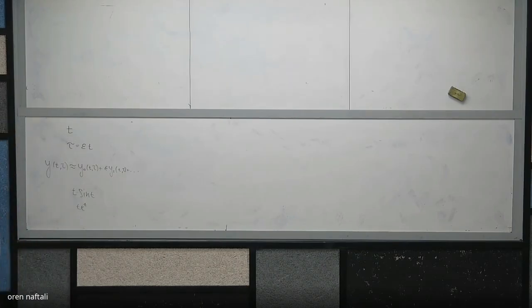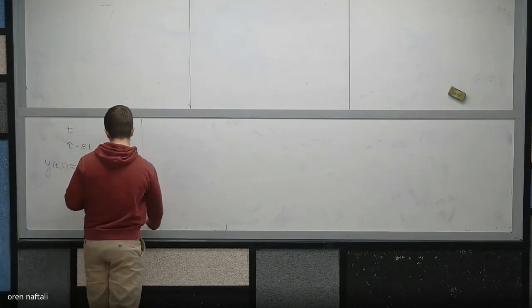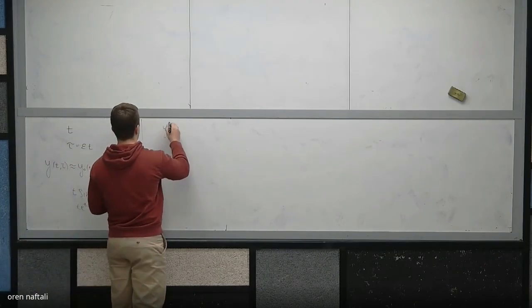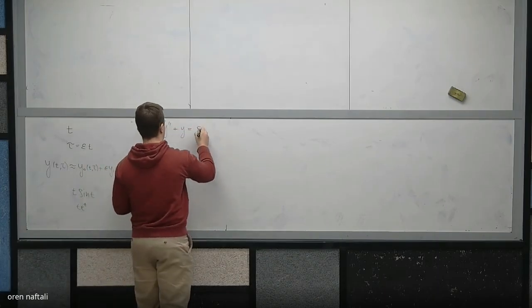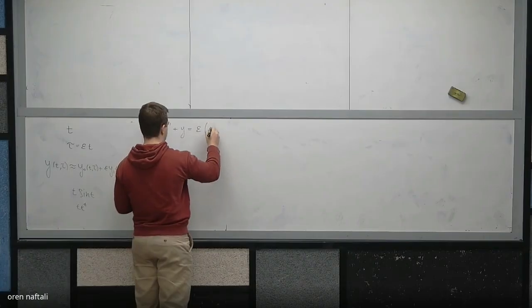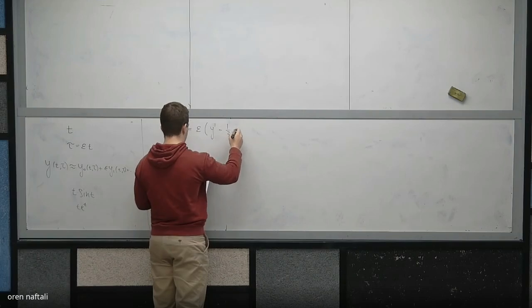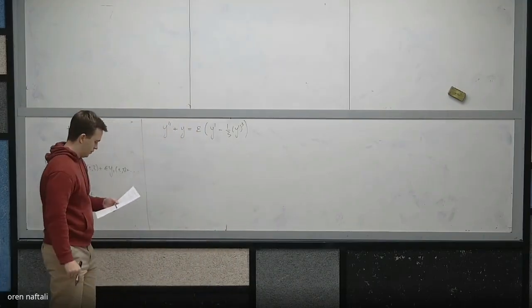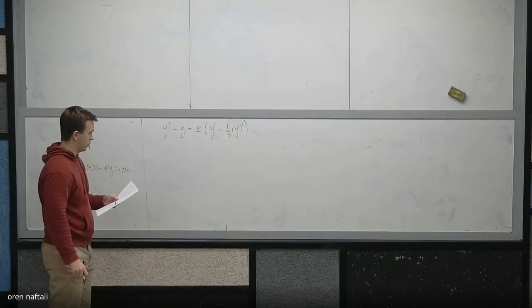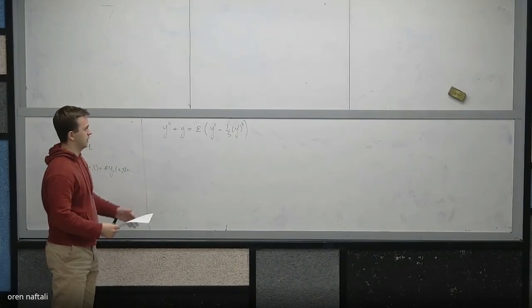Okay, so let's solve this example. y double prime plus y equals epsilon times y prime minus 1/3 y prime cubed. So we need to use multiple scale analysis to determine the stability of oscillations.